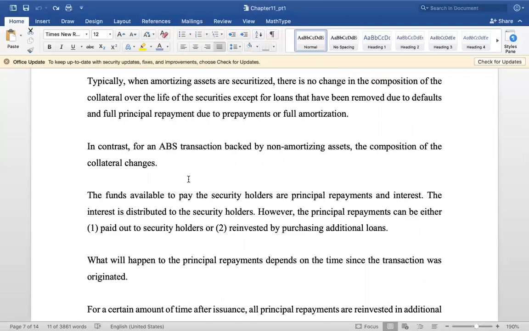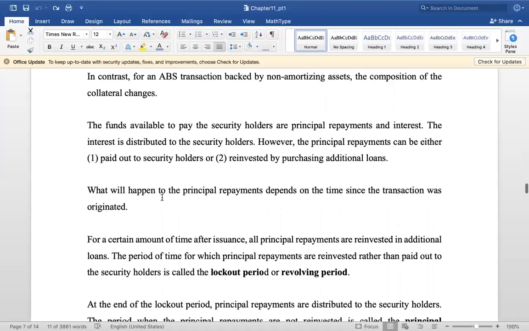The funds available to pay the security holders are principal payments and interest. The interest is distributed to the security holders. However, principal payments can be either paid to the security holders or reinvested by purchasing additional loans.